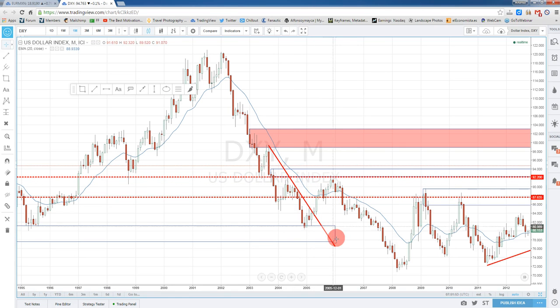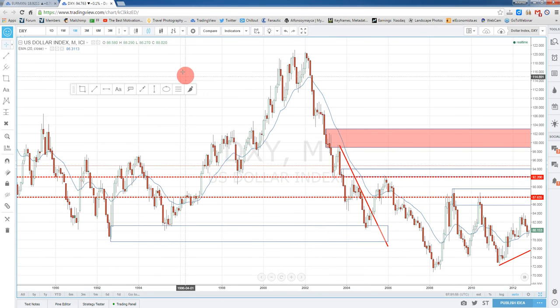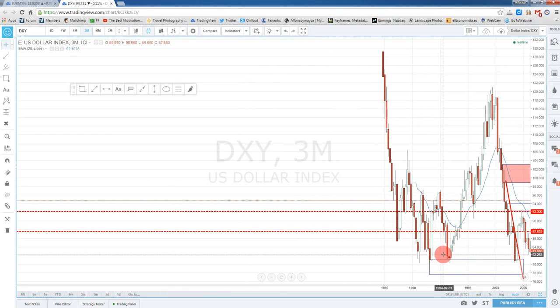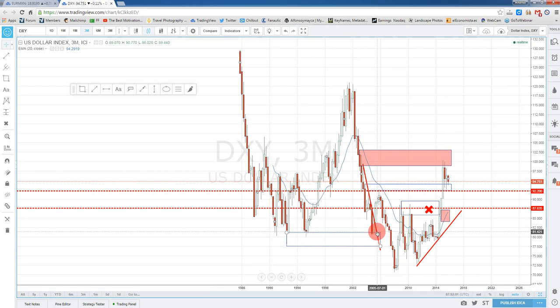And then when price returns, since it is the second retest, let me show you. 1 retest, 2 retests. On the third retest, we expect bigger penetration, and we also need further confirmation to go long because we are in a clear downtrend on the 3 months, and we have removed 1 area of demand, 2 areas of demand, 3 areas of demand, now 4 areas of demand when price goes down there.